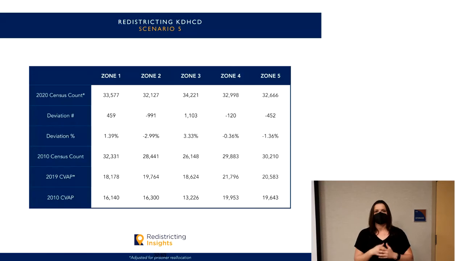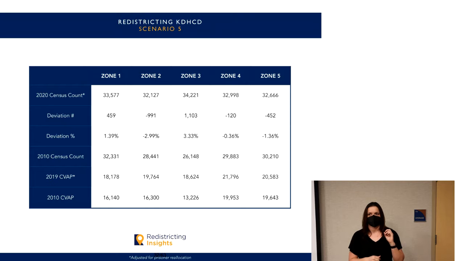So the CVAP of the Hispanic population, and also just the general population. Those are my main 3 things: blocking the CVAP for Hispanics, and then having the deviation numbers.